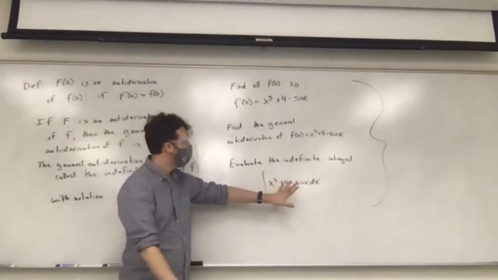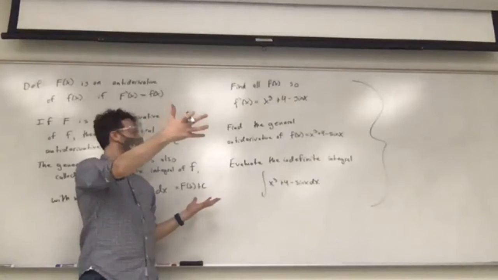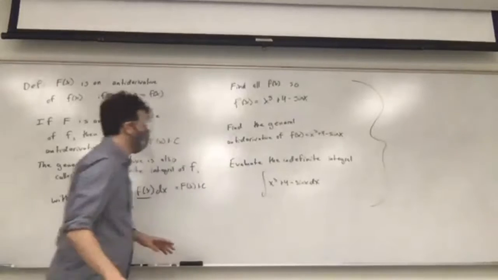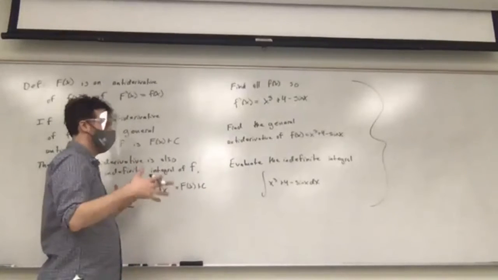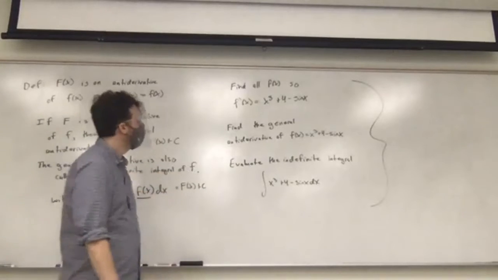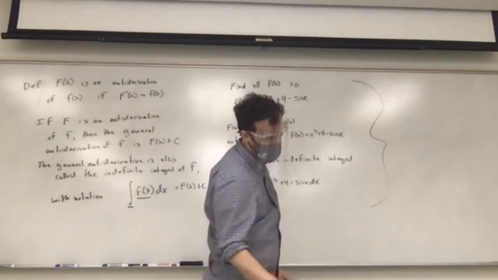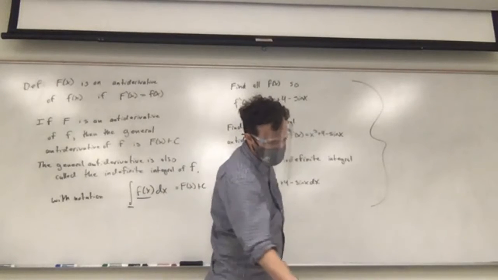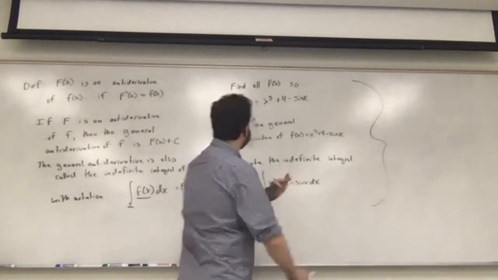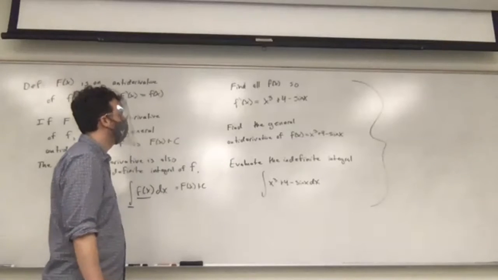Find one antiderivative and then add this plus c to say this is all of the antiderivatives. But to do this, we really need to think about how our derivative rules work as we're going backwards. I'll lay out some of these derivative rules in a more systematic way, but for now, we'll just work through them from what we know.